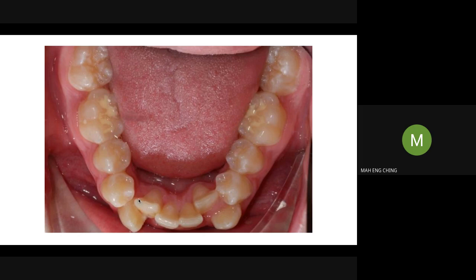This one also, displacement between the contact point of lateral incisor and canine, more than 4 mm, consider 4D. Let's say central incisor and lateral incisor are less than 4 mm, maybe between 2 and 4, they give it 3D. If the displacement is very severe, very crowded, usually they get 4D.